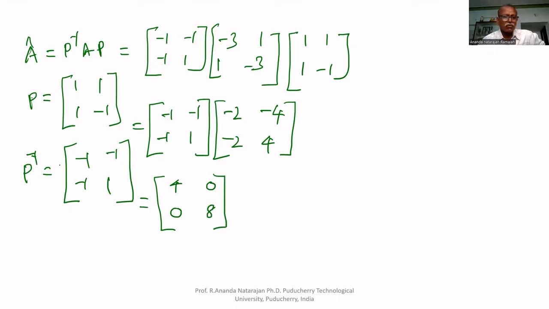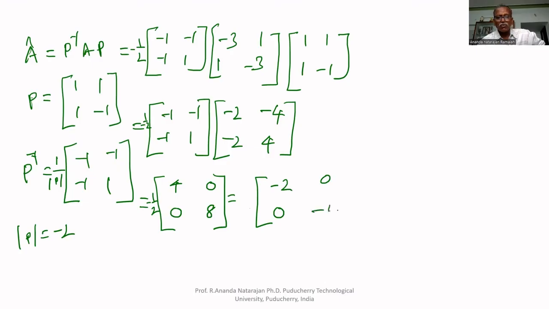We have to divide this by the determinant of P, so 1 by determinant of P. Determinant of P equal to what? This is minus 1 minus 1, that is minus 2. Therefore, multiplying by minus 1 by 2, 4 by 2 is 2, and we get 2, 0, 0, 4 with signs as computed.